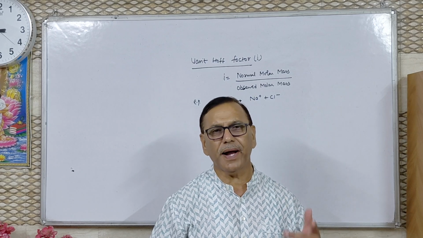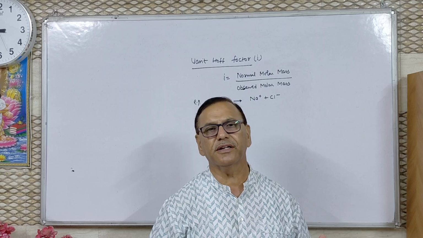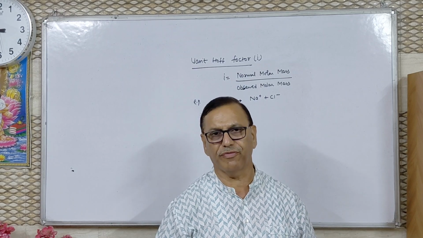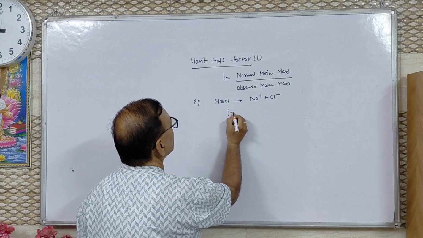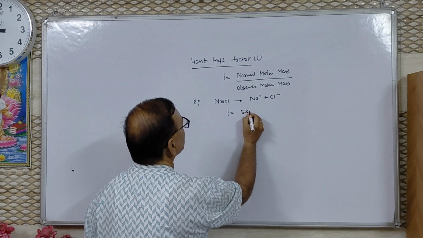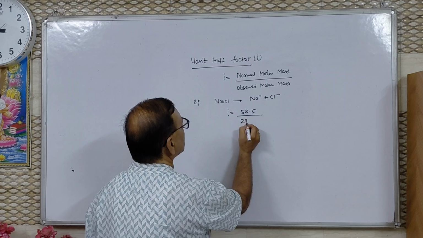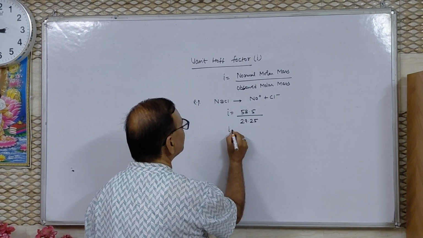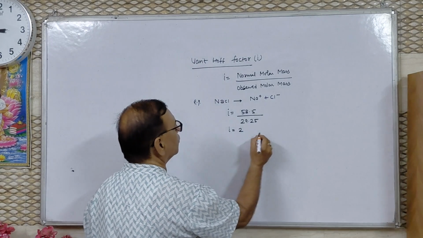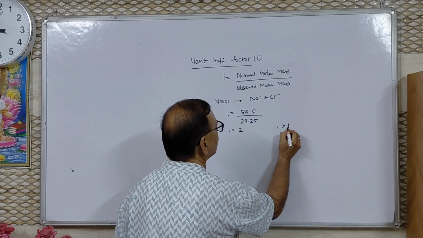If the number of particles becomes double, its molecular weight will become half. So in this case, the normal molar mass of sodium chloride is 58.5, observed is 29.25. So the Van 't Hoff factor is equal to 2. It means i is greater than 1.